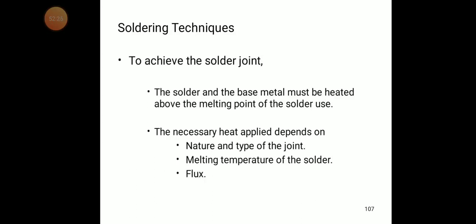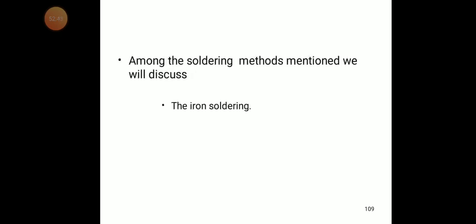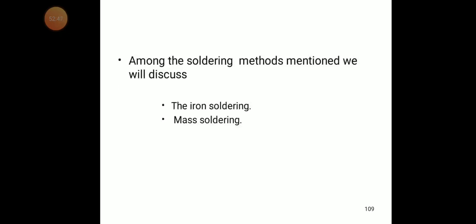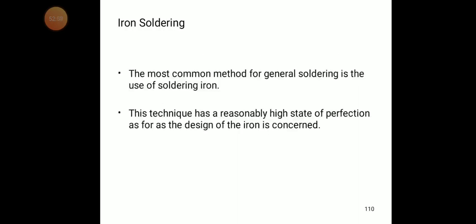The nature and type of the joint, the melting temperature of the solder, and the flux are the necessary factors. Among the soldering methods mentioned, we will discuss iron soldering and mass soldering. Two methods are there, iron soldering and mass soldering.